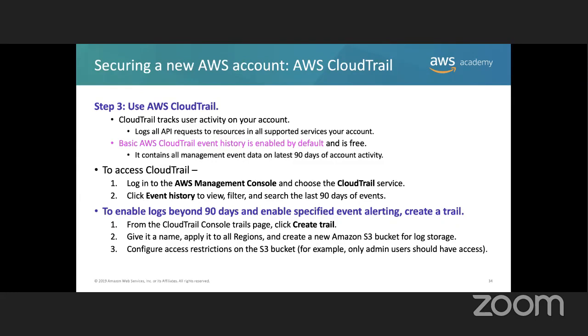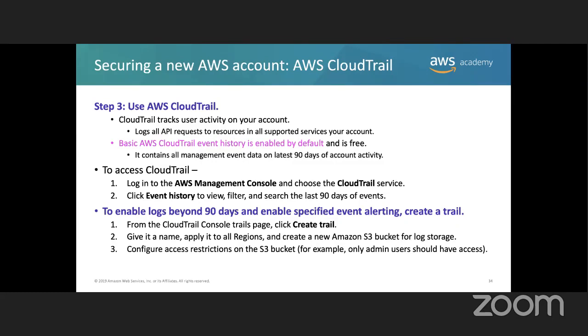But CloudWatch is for automation. You can schedule activities and tasks with CloudWatch, and CloudWatch will tell you how much was used from your EC2 instance, how much CPU is being used right now, how much RAM is being used right now.